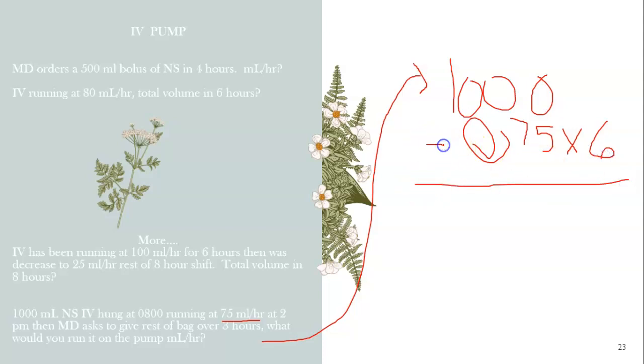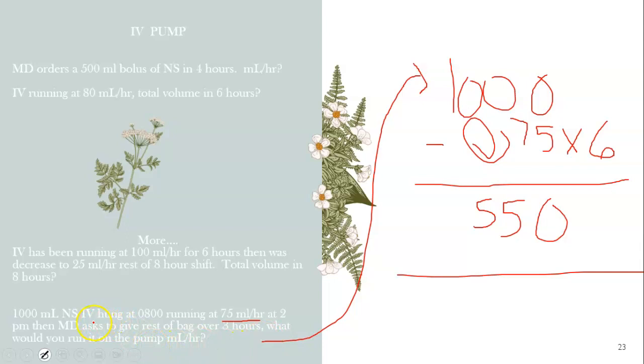So don't I want to find out what's in the bag right now? So I would go ahead and take my 75 times my 6 hours. It's 450. So I'm going to take 450 away from 1,000, and I've got 550 left in the bag right now at 2 o'clock.